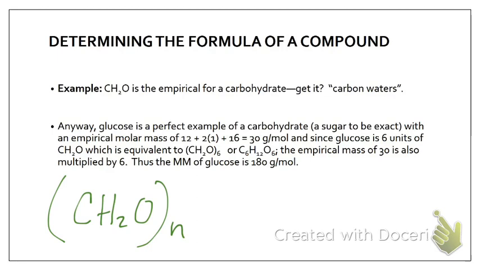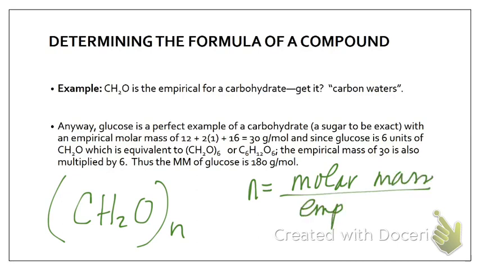Do you remember that? Not everybody does that, but I just found it to be easier. And then to solve for n, we would do the molar mass, which you must be given, over the empirical mass. And how do we calculate empirical mass? It's the mass of the empirical formula. Okay? Does that ring a bell? Okay. So let's work a problem.